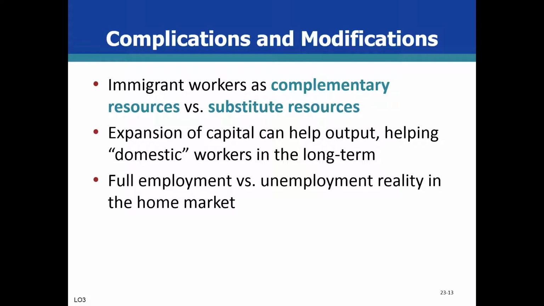And that depends on whether they're complementary or substitute. This particular view of some economists is that these migration folk are coming in and are complementary resources that basically improve the overall efficiency and approach of a particular sector.